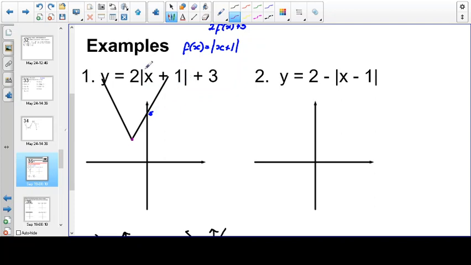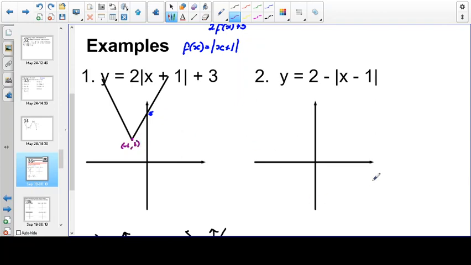The lowest that this is ever going to be is 0, and that occurs when x equals minus 1. When this is 0, then all of this is 0, so the y coordinate will be 3.